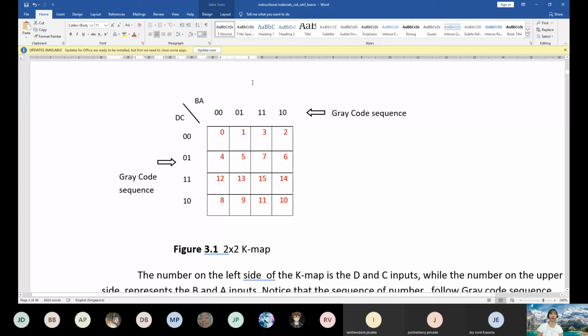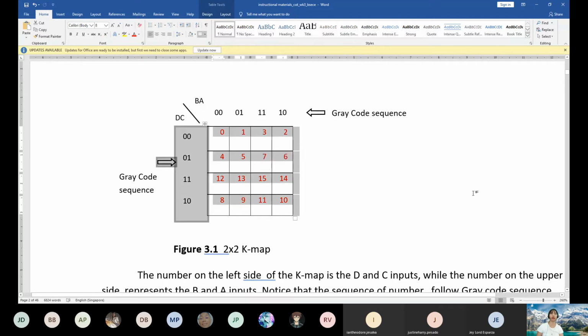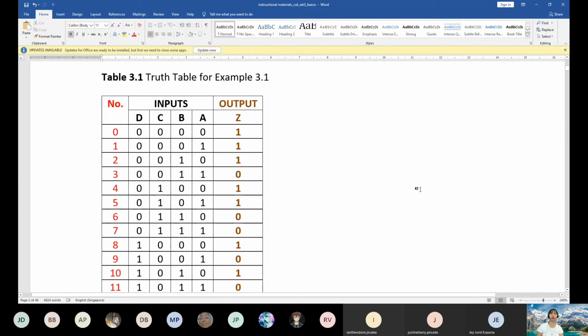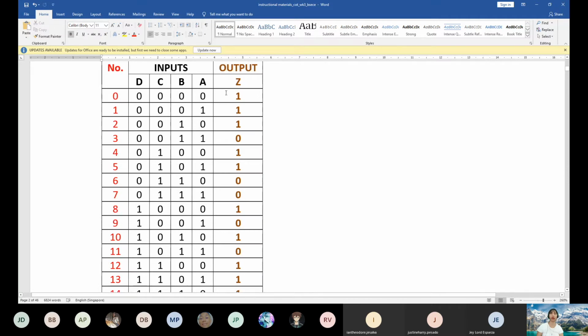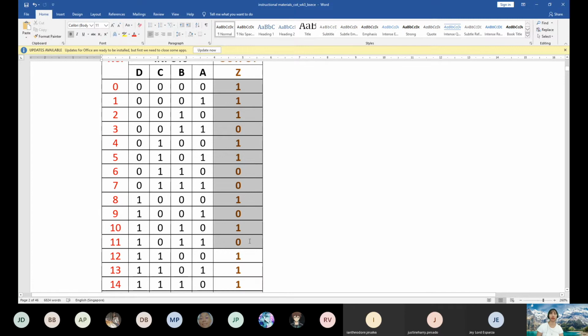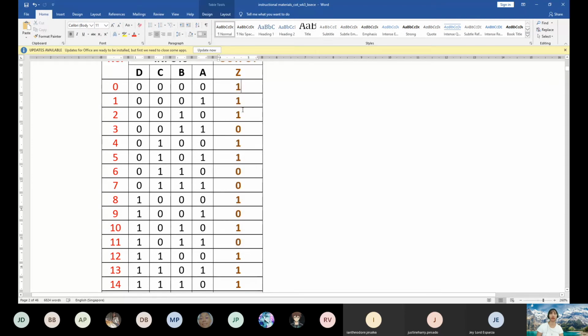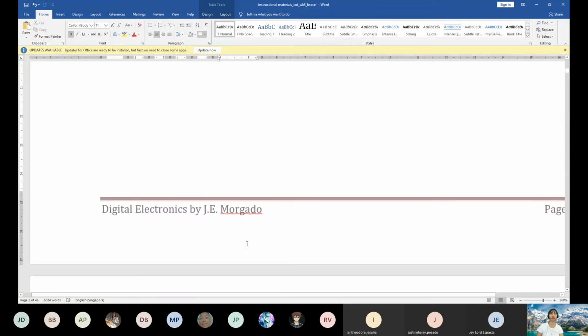Okay, so this is a 2x2 K-map. So what's next? Inside the square, we will put the output Z. Based on the truth table, you already have a value of output Z. So these values, 1s and 0s, will be inputted here.